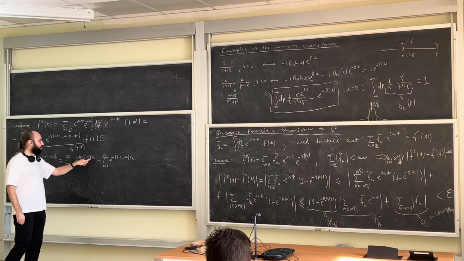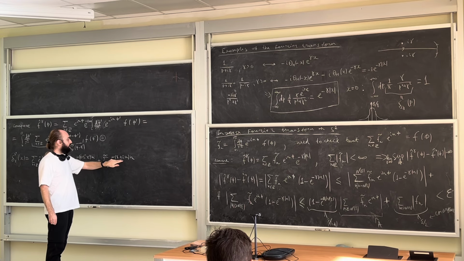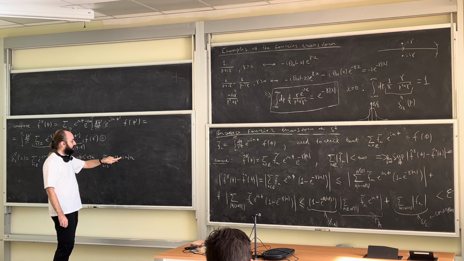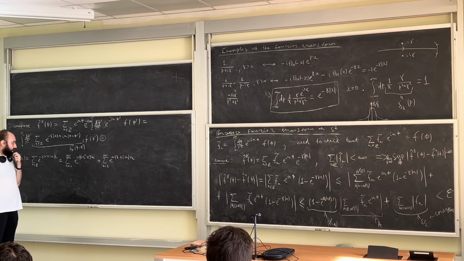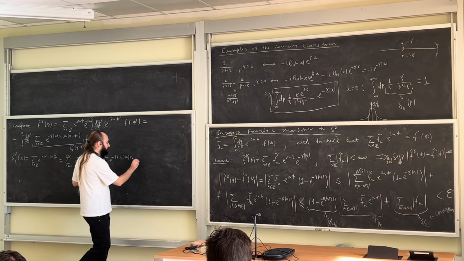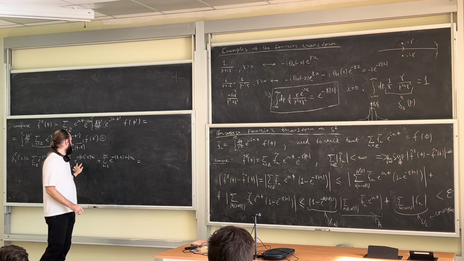So they are both decaying with n, but this decay has different origins. So let's compute these sums.